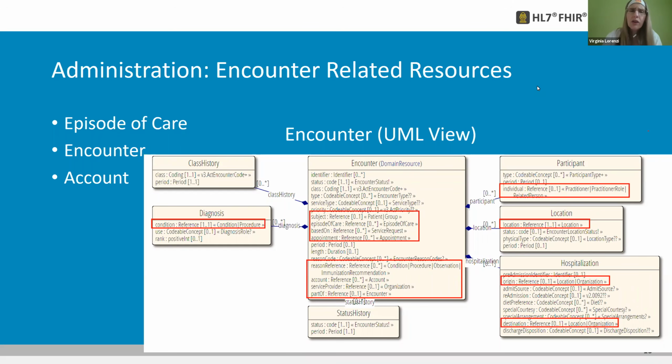Around the edges, you'll see there's 0 to many class history, 0 to many participation, 0 to many location. I just wanted to point out that the reason for that is sometimes in an encounter, you might keep a single encounter, but the patient spent time in the emergency class and then the inpatient class.